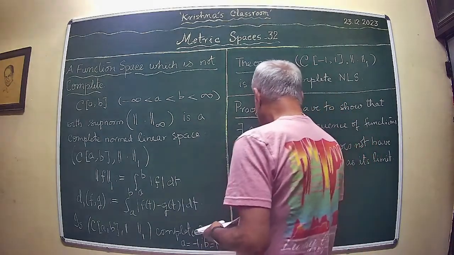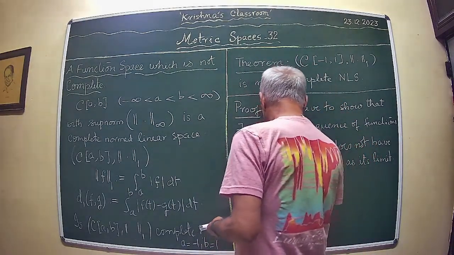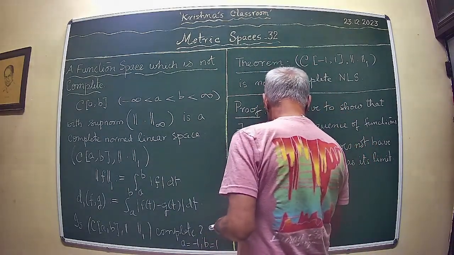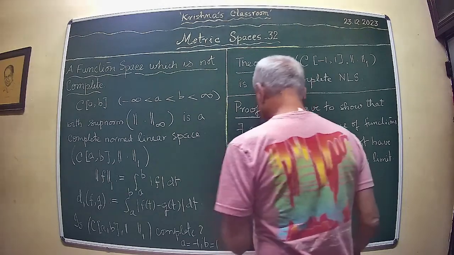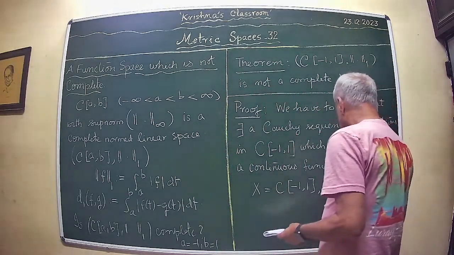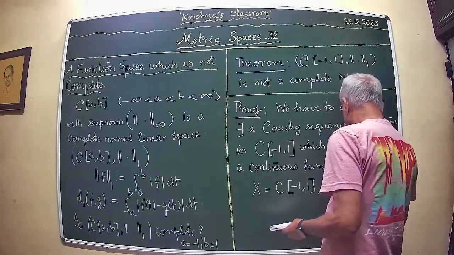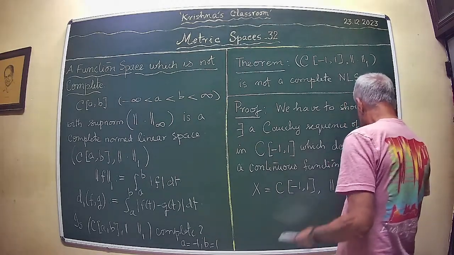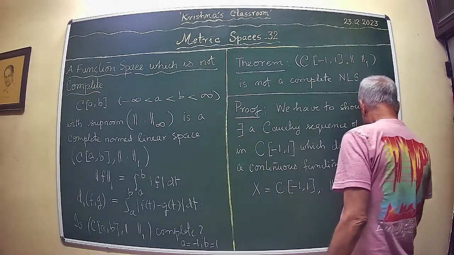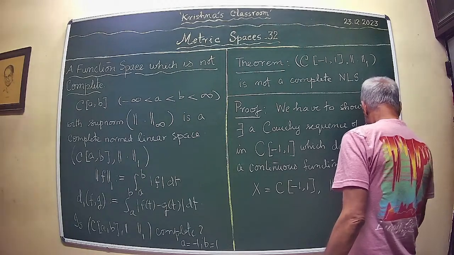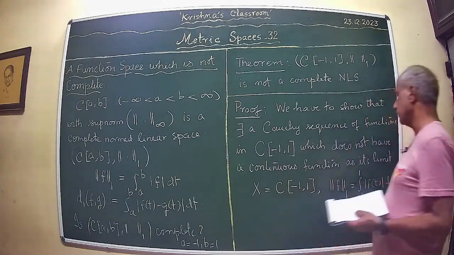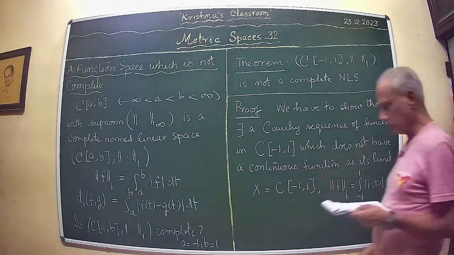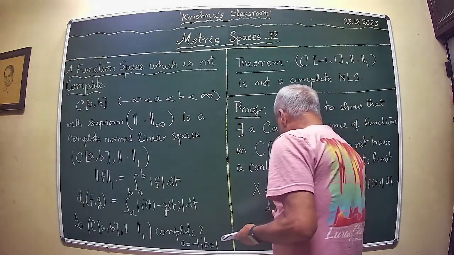So let us recall, take X to be C[-1,1] with norm 1, so that you have d1.